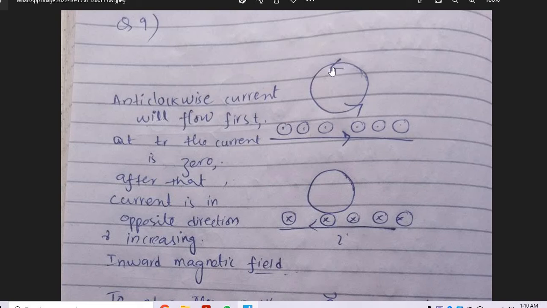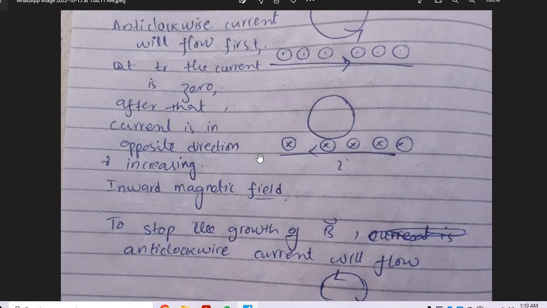The current in this wire loop will be such that it supports the external magnetic field of this wire. That's why an anti-clockwise current will flow, generating a magnetic field out of the paper. After that, the current becomes 0 and then changes its direction, so it will now flow in the leftward direction.